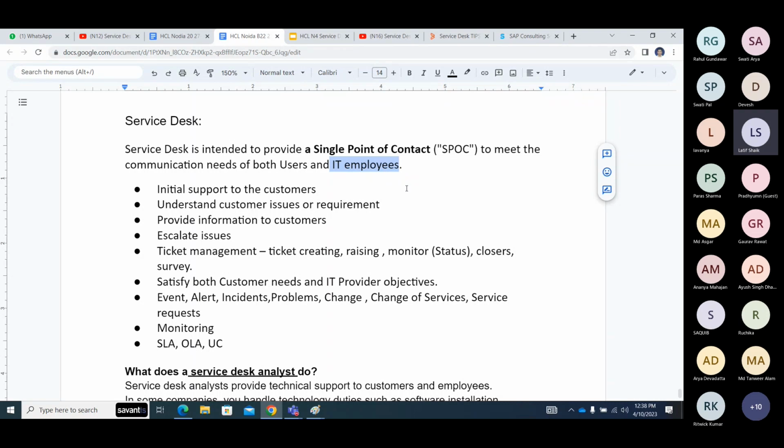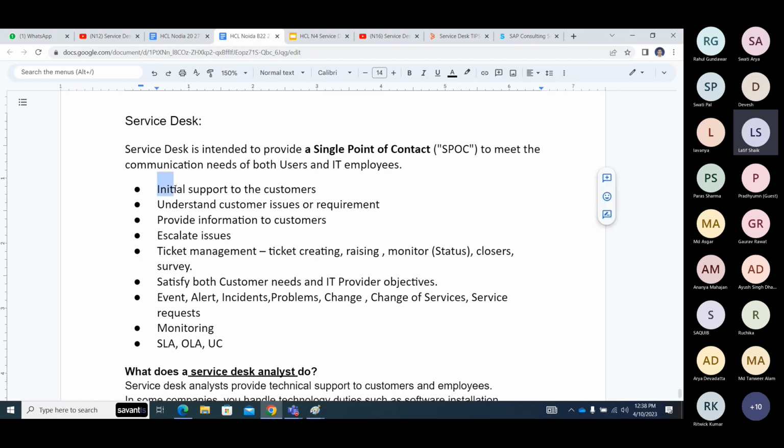An IT employee can be a support person, or maybe a developer, or a tester, like that. They are IT employees working in that service provider's organization. The user can be an external customer, an internal customer, or a public customer.